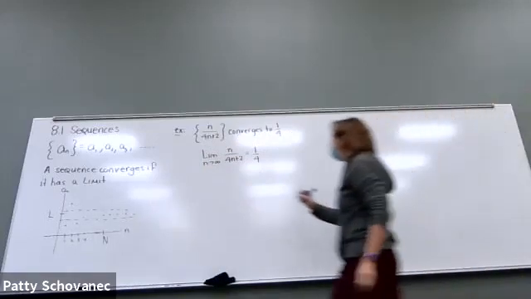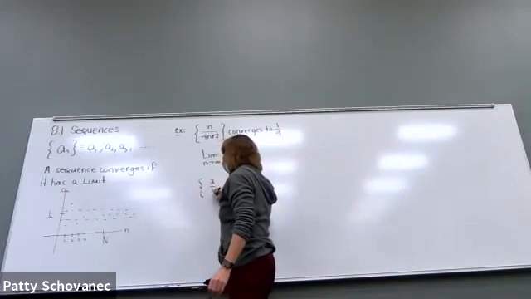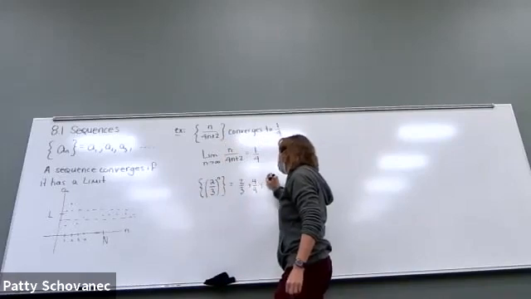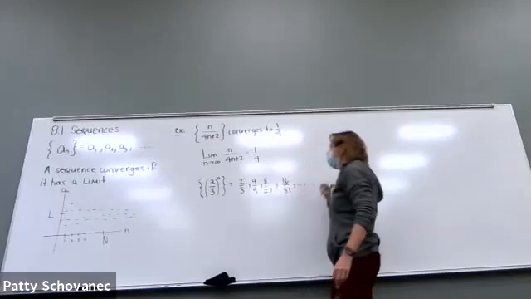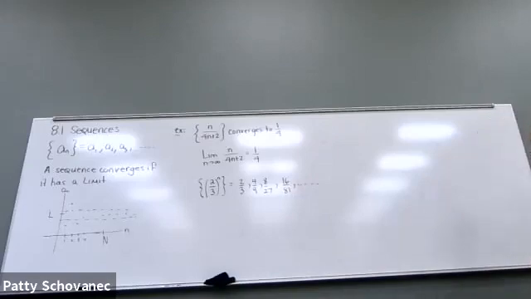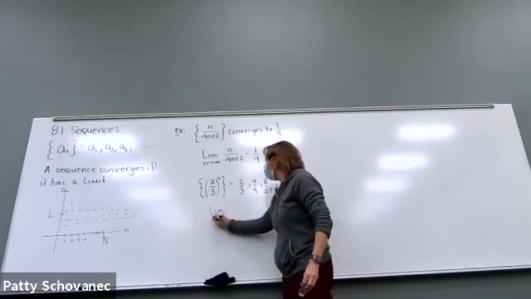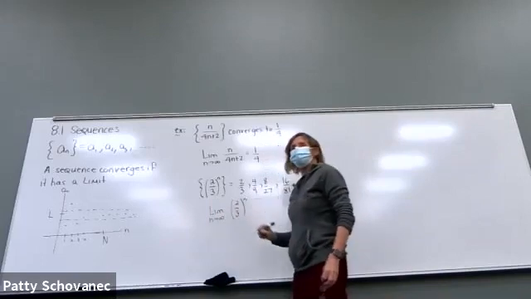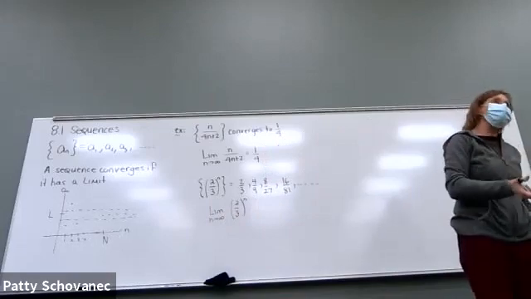What about the sequence 2 divided by 3 to the n, which is the sequence 2/3, 4/9, 8/27, 16/81. What do you think? What do you think you know about that sequence? Converges to 0, because I have (2/3) to the n, which gives me 2 to the n over 3 to the n. 2 to the n grows slower than 3 to the n.